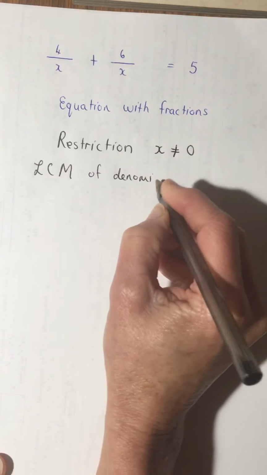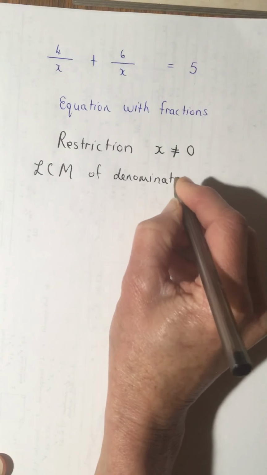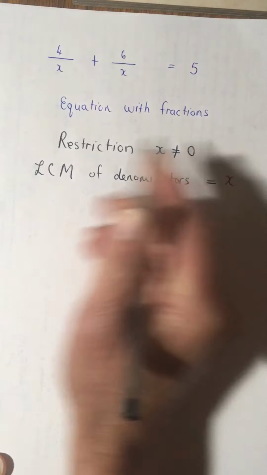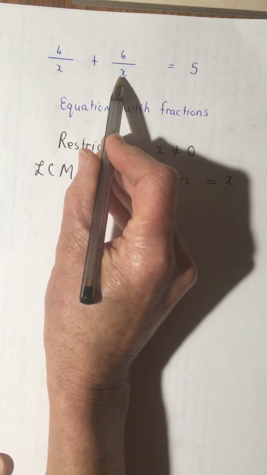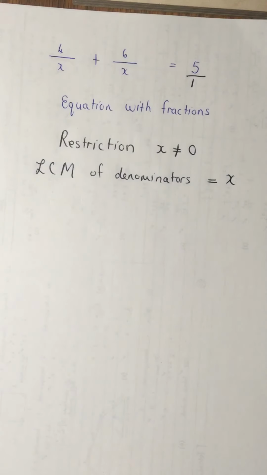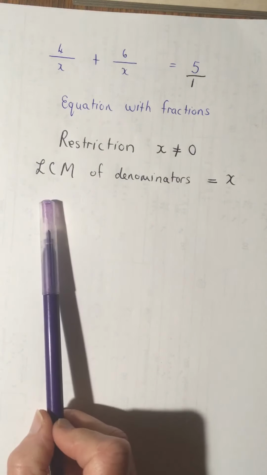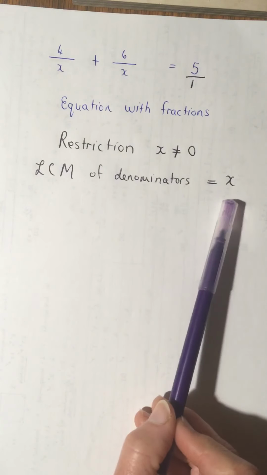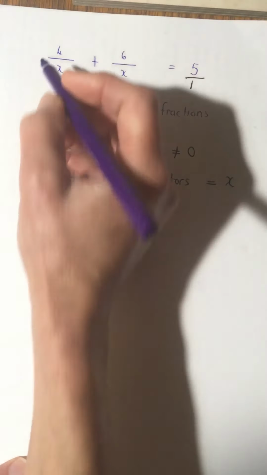And in this case, the denominator is x here, and this 5 we can put on 1. So what we're going to do, we are going to multiply each term by x.